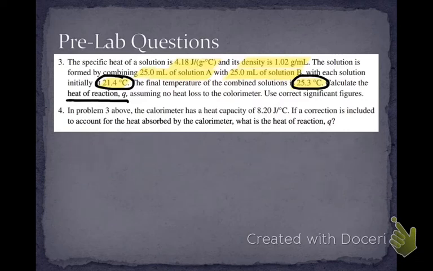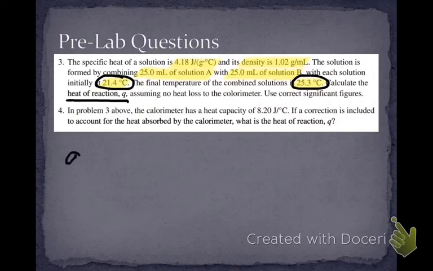So now if we take a look at number 4, the question's telling us to take into account the heat loss to the calorimeter and determine Q. So if you look in the background section, it gives you the information to calculate the Q of reaction, and so I'm going to write that out for you.